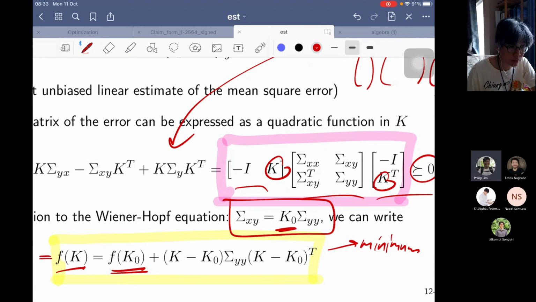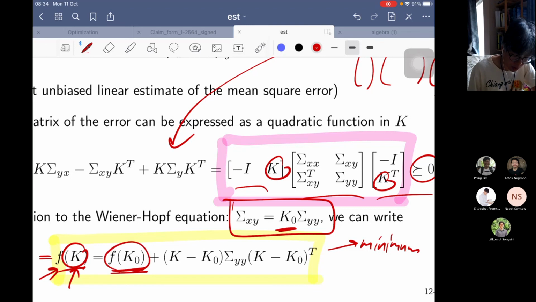By looking at the expression of f of K, K is a variable that you can choose, but you have expressed it as a function of K0. K0 is the gain that you can solve from the Wiener-Hopf equation. So think of K0 as a constant, as something fixed and given.